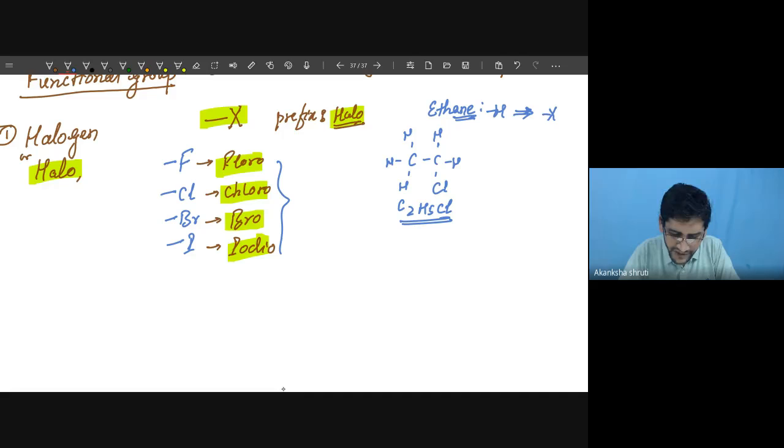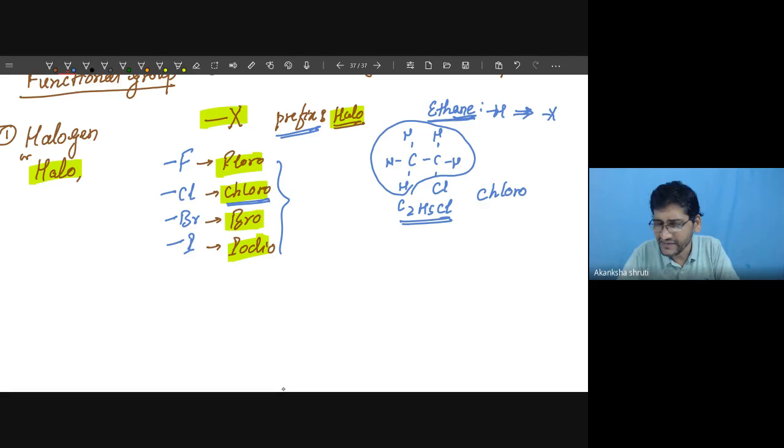See, add the word chloro here. Chloro is used as a prefix, and the general name for the remaining chain is ethane. Okay, so that we need to maintain. So add chloro as prefix and ethane.